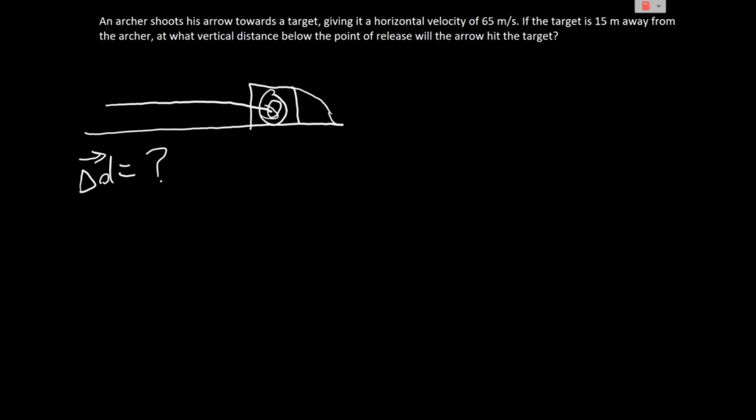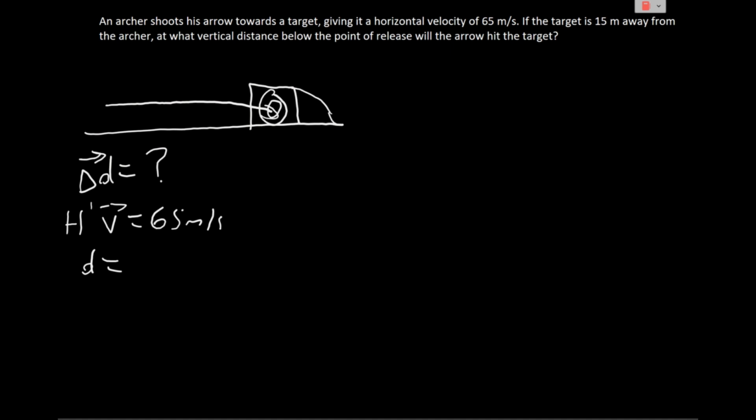What we are given in this question is that the horizontal velocity is 65 meters per second, and the horizontal distance that the archer is away from the target is 15 meters.